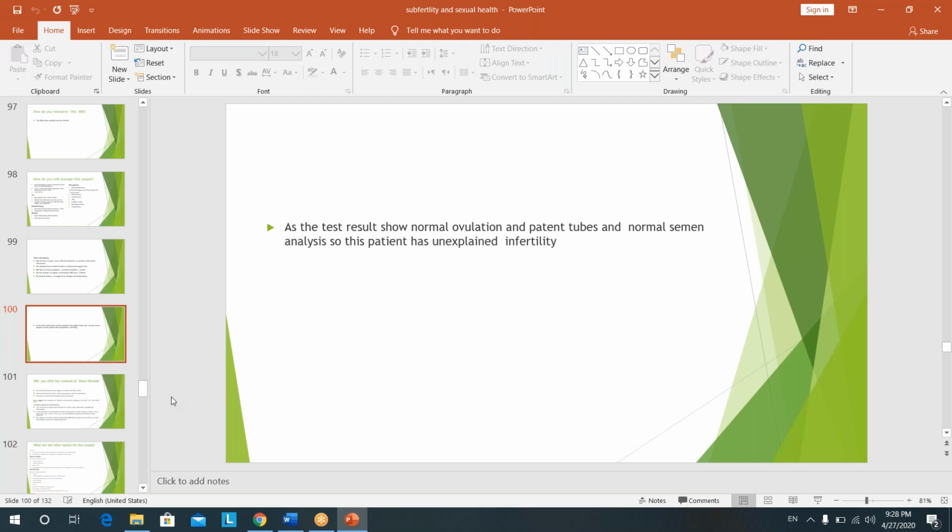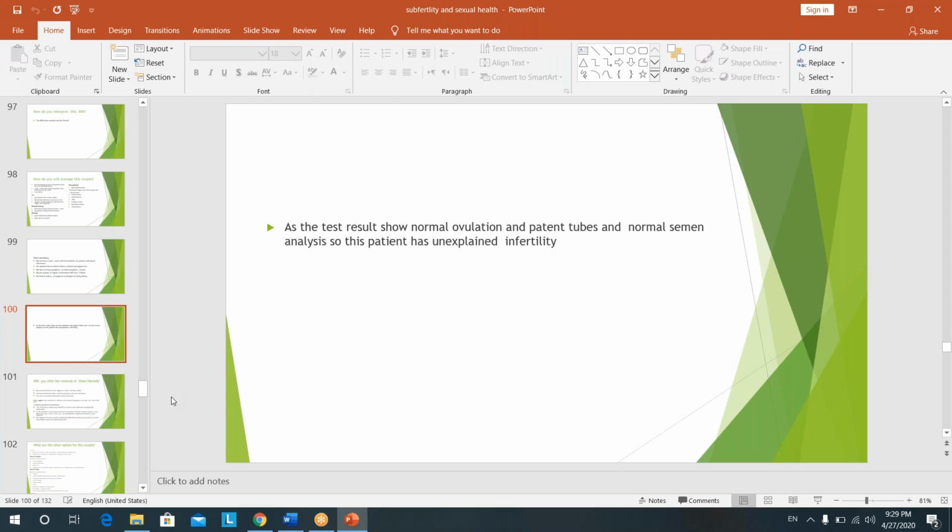There is also a risk of preterm labor, antepartum hemorrhage, and pregnancy-induced hypertension and diabetes, because it is also related to age.